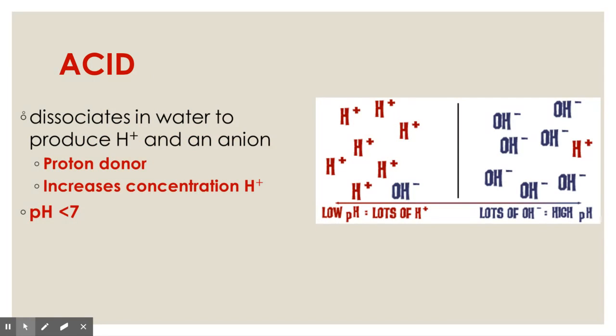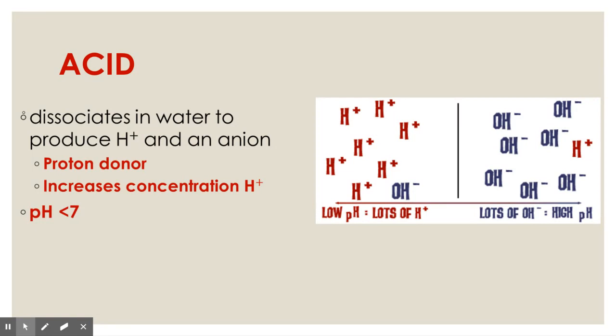So, what does this all mean? If something is acidic, if it is an acid, when it breaks apart in water, it's going to make hydrogen ions and some other negative anion. Because of this, we call an acid a proton donor.